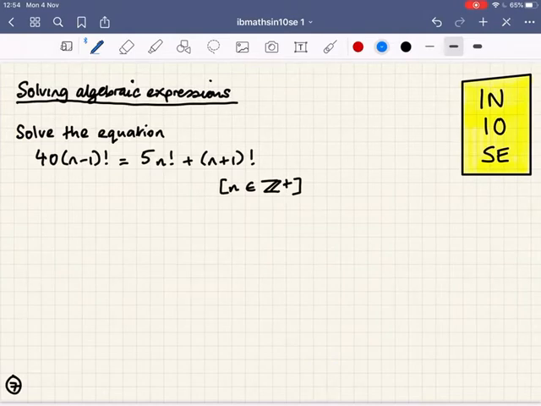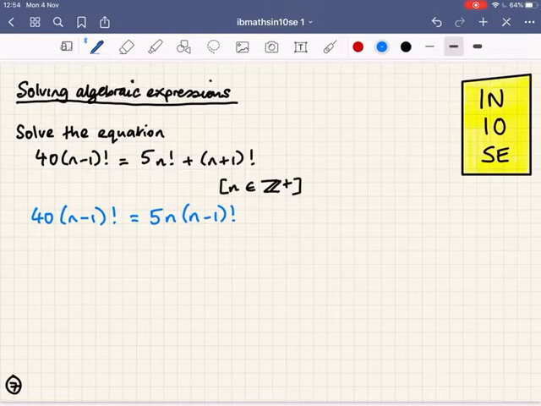Here's another one to solve. It looks more complicated because we've got n minus 1 factorial, n factorial, and n plus 1 factorial. But again, like before, what's the smallest of the 3 factorials here that we can use as a common factor? Well, it's n minus 1 factorial. So I'm going to rewrite the expression in terms of n minus 1 factorial. And hopefully you'll remember that n factorial can be written as n times n minus 1 factorial.